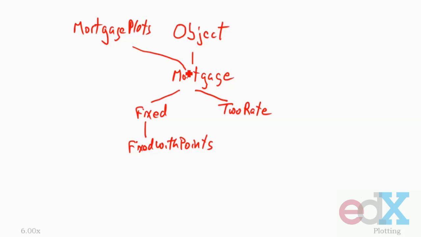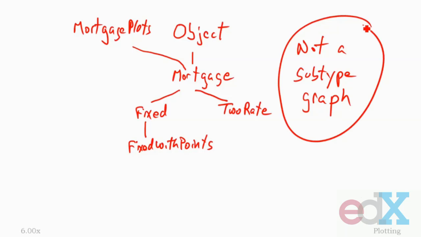We call it multiple inheritance because mortgage now has two parents, and it inherits attributes from both object and mortgage plots. We should be careful, though. This is an inheritance graph. It's not a subtype graph, i.e., mortgage is a subtype of object, but not a subtype of mortgage plots.